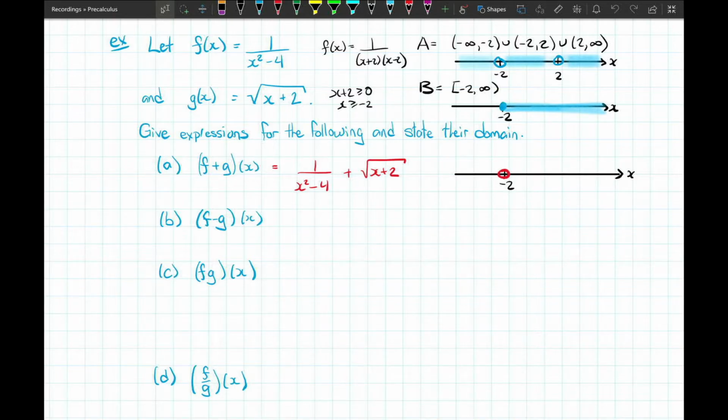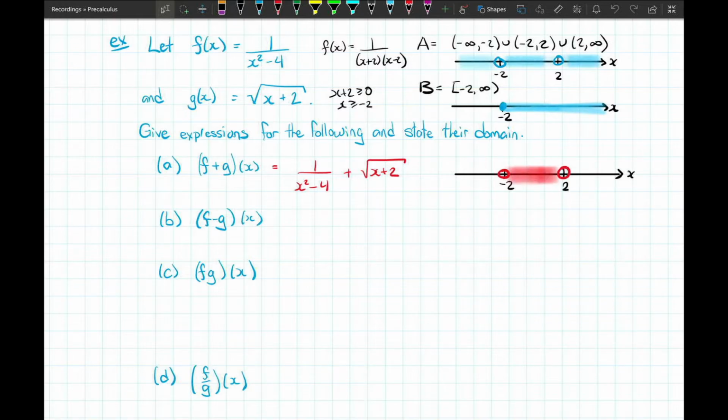Now the interval from negative 2 to positive 2 is included in both the domain of f and the domain of g. But the number 2 is not included in the domain of f. So we'll have an interval from negative 2 to positive 2. However, it won't include the endpoints.